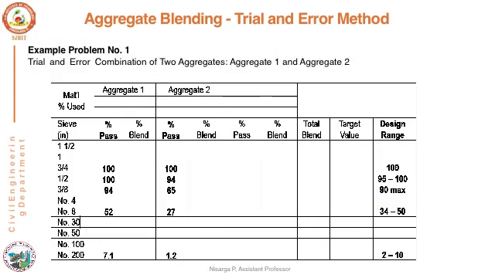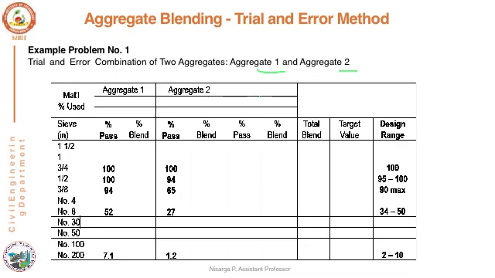Let us now work out one example. The problem statement requires us to blend two aggregates. We just have two aggregates, so you can add as many columns as needed depending upon how many aggregates we have. Here we have just two aggregates, and in the third aggregate column, we can leave that column empty.